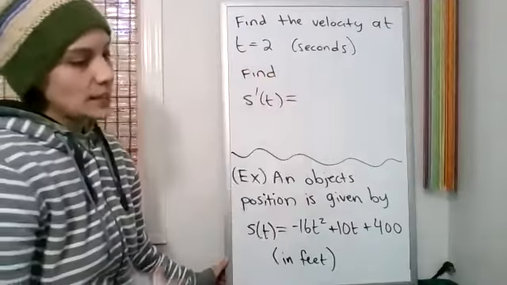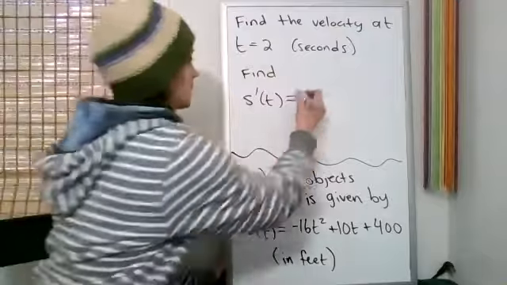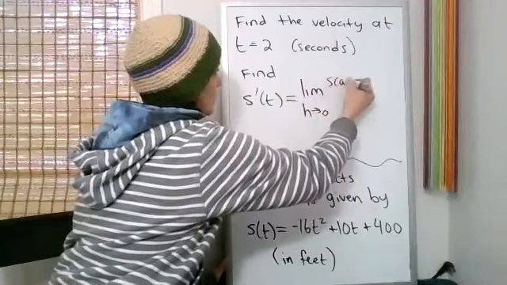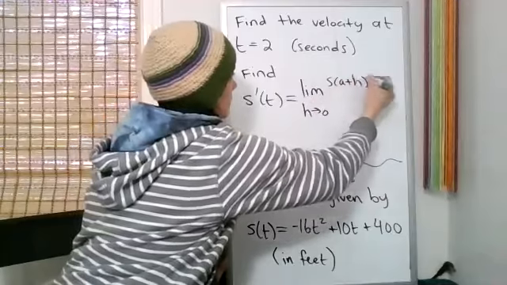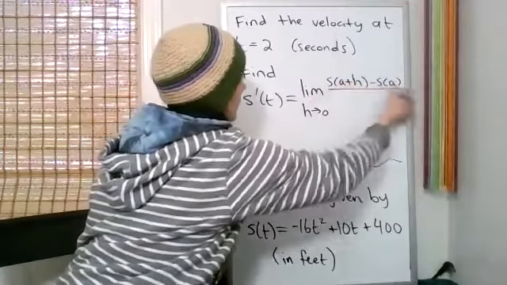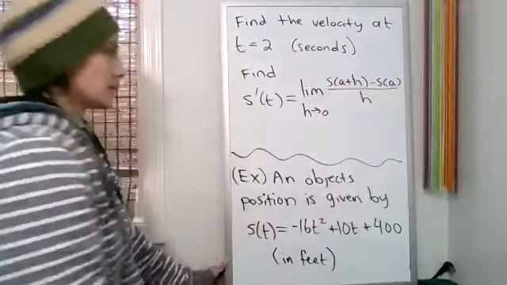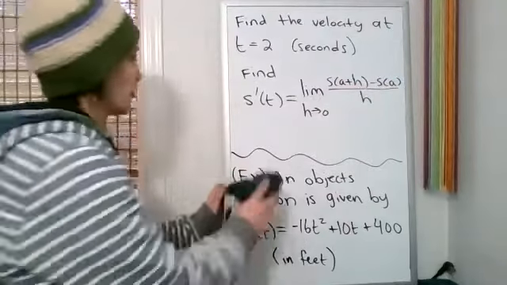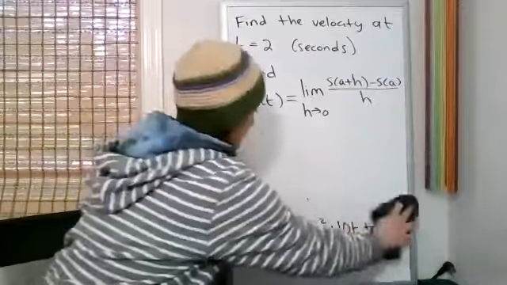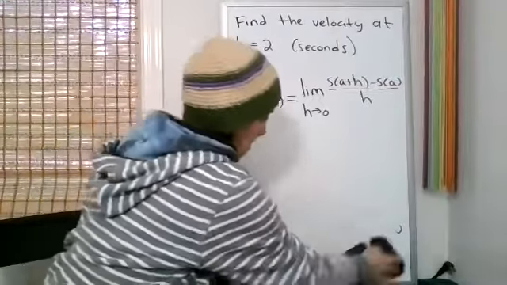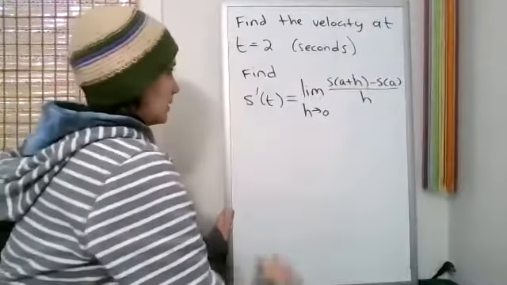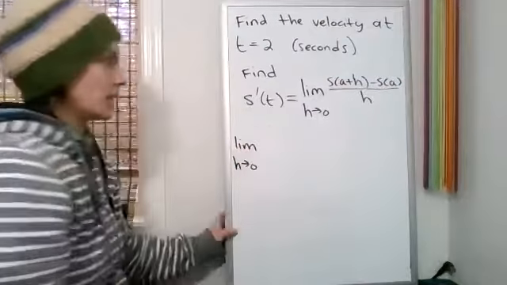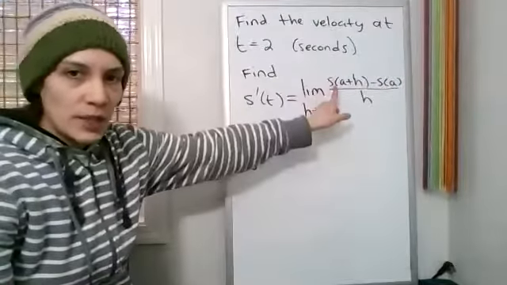Okay, what I did was I did the limit as h goes to 0. S of a plus h, subtract s of a and divide by h. Put your function in there. Actually, the function will be in there 2 times.